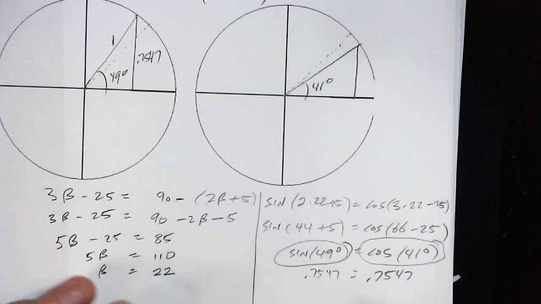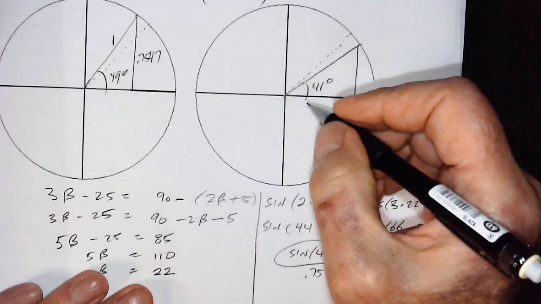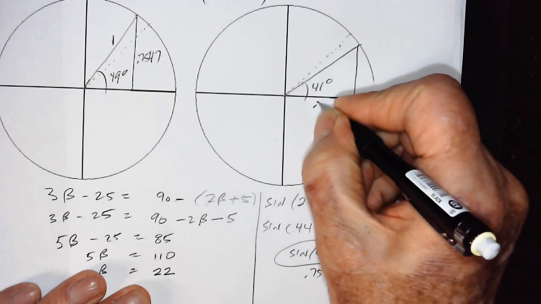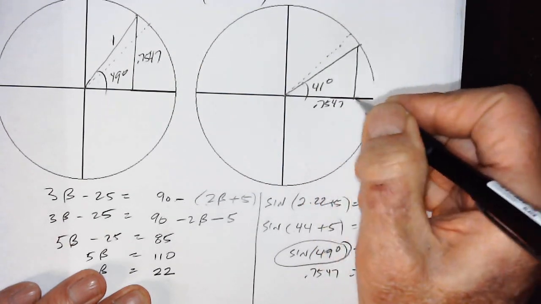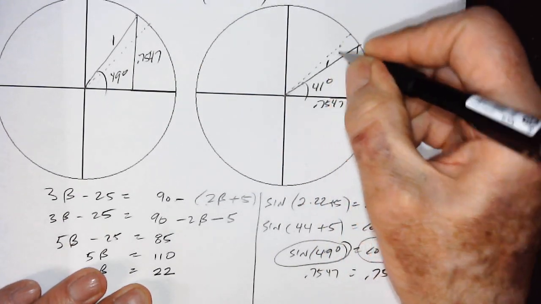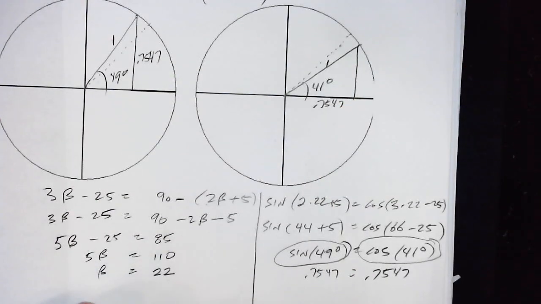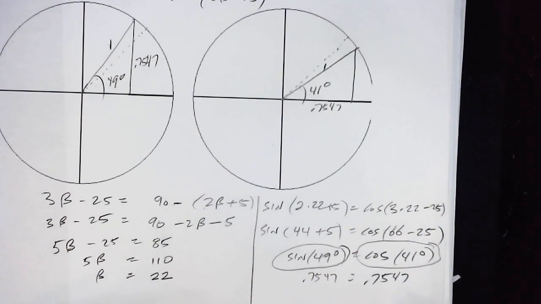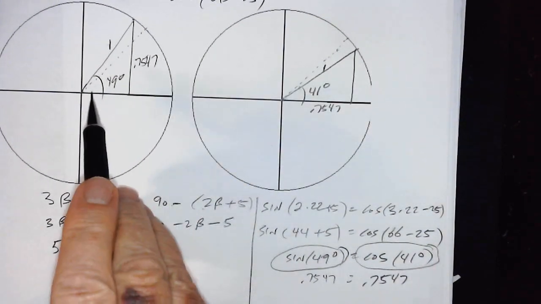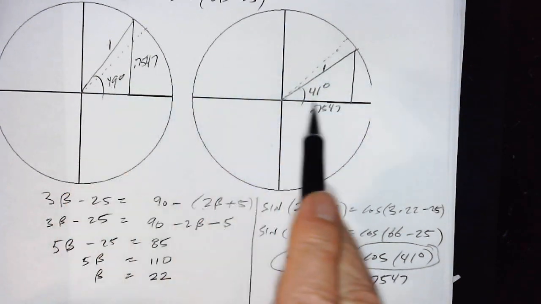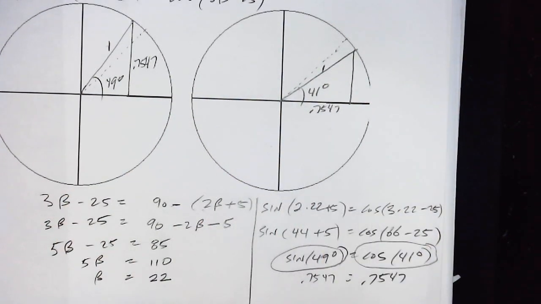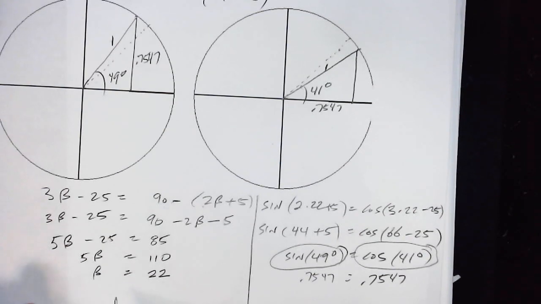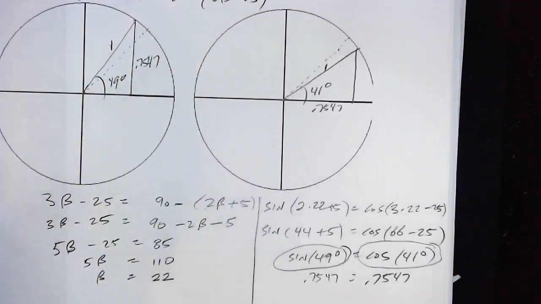And then with the 41 degree angle, we want to do the cosine, so we're talking about the adjacent side over the hypotenuse. And those triangles, or those angles that are the solution to our problem, are going to be something like this, 49 degrees and 41 degrees. And they use the value of beta that we calculated.